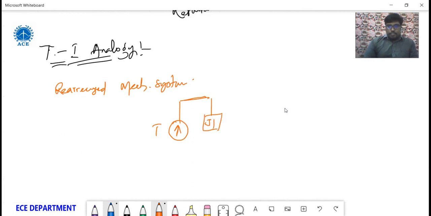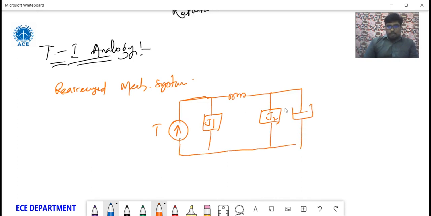this is J1 and this is spring K and this is J2. As it is, I am writing this damper element, because to draw the electrical network of torque current conversion we require this. This is K, this is B. It is grounded and I named it, this is angular velocity V1 and angular velocity V2.